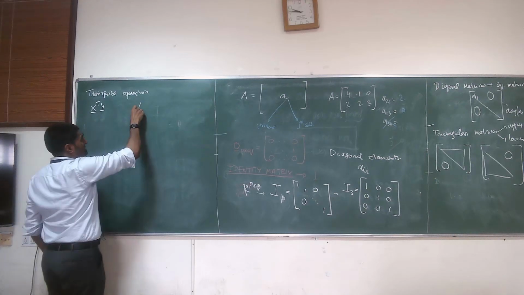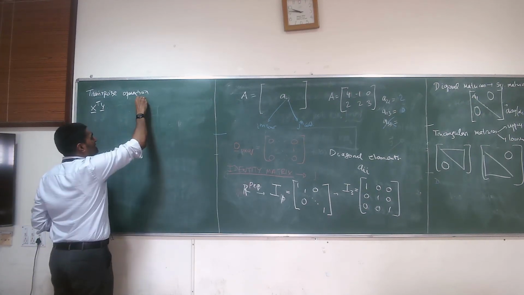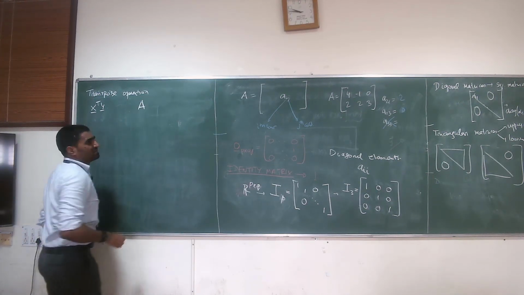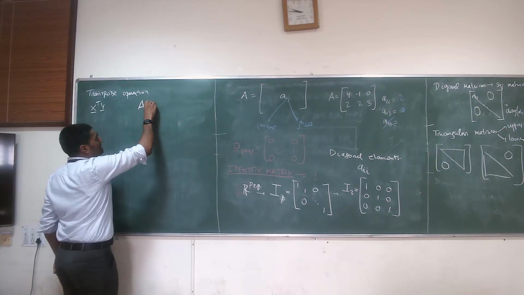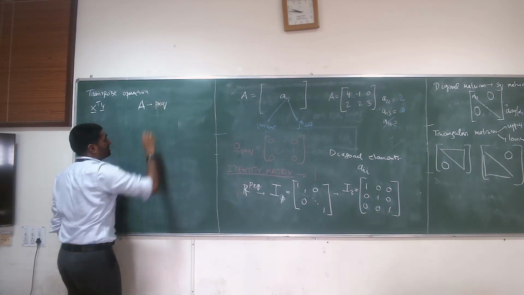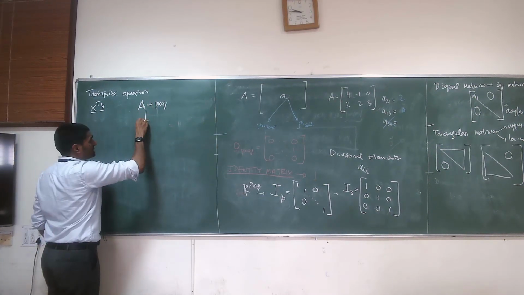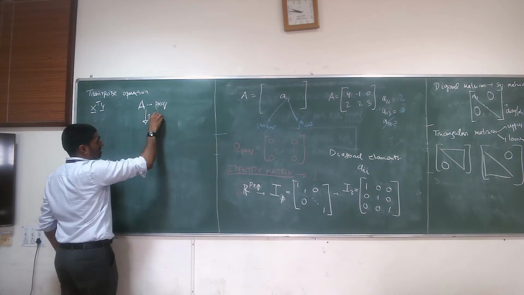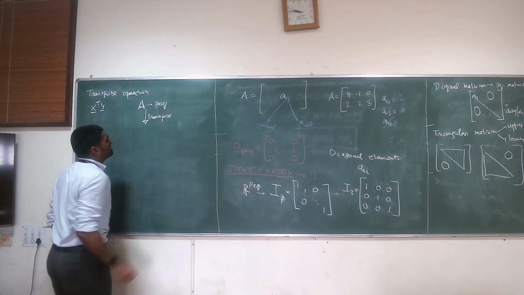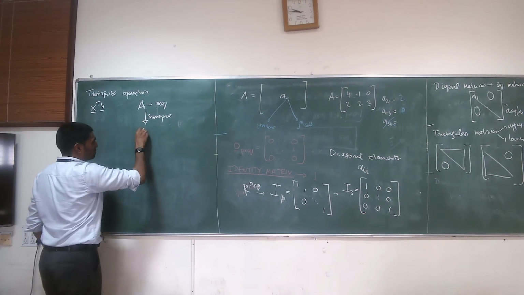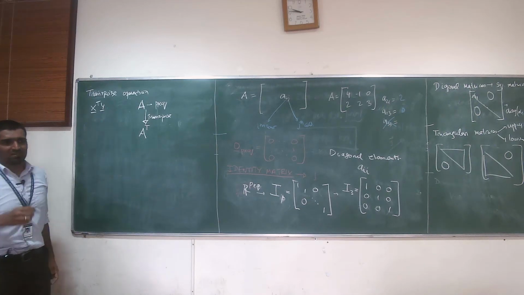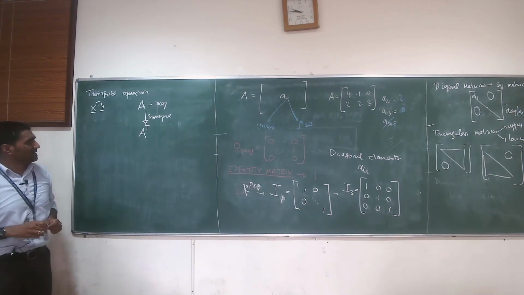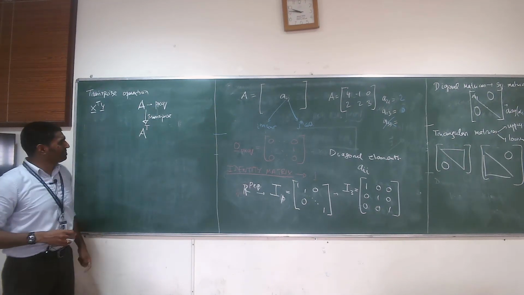If you have a matrix A, if I don't say anything, assume it's from R^{P cross Q}. This is a P cross Q matrix. If you do the transpose operation, we represent the transpose of A as A with superscript T.